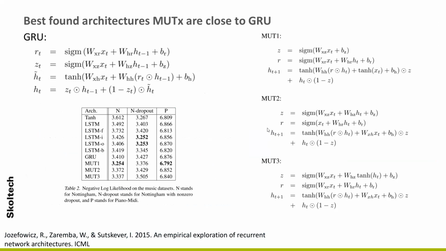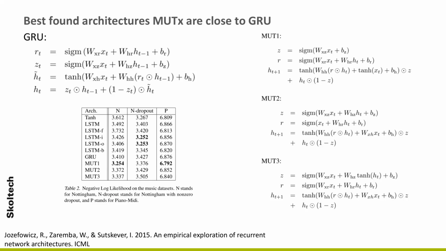And we say that if we try to get better, we have these three guys. In this table, you can see the performance on the three problems we consider. And MUT 1, MUT 2, MUT 3 are the new architectures we generated with a genetic algorithm. And you can see that these new architectures are quite similar to GRU, but maybe a bit different. For example, let's look at the best one among the generated, MUT 1.